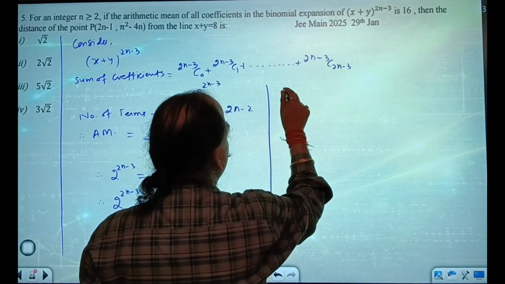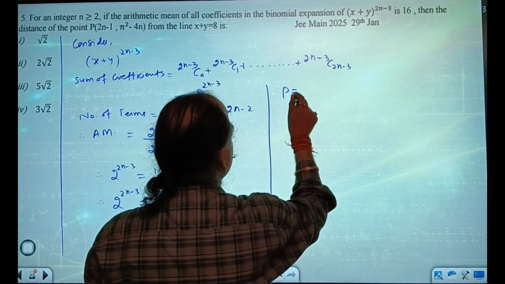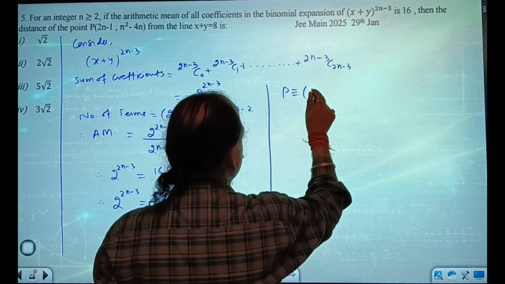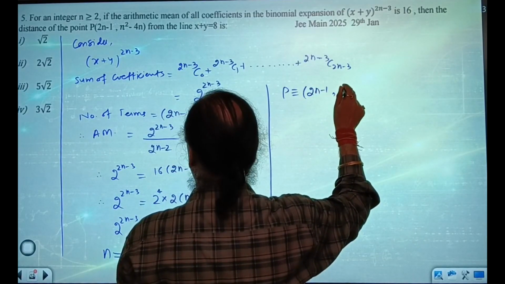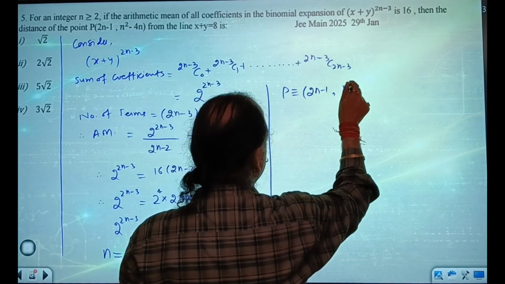So point P will be (2n minus 1, n square minus 4n).